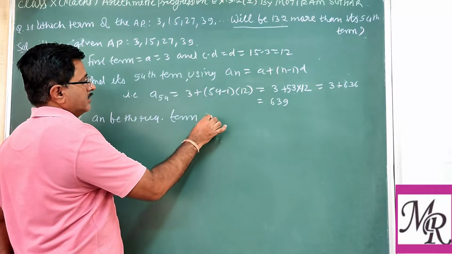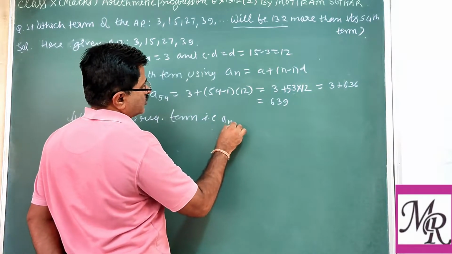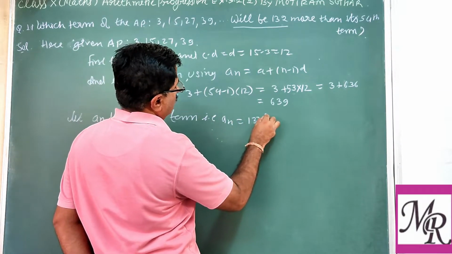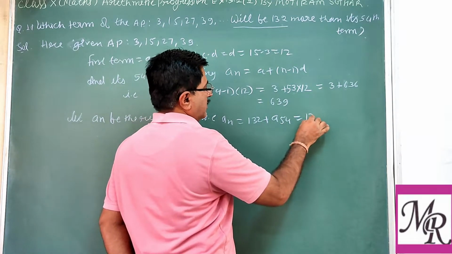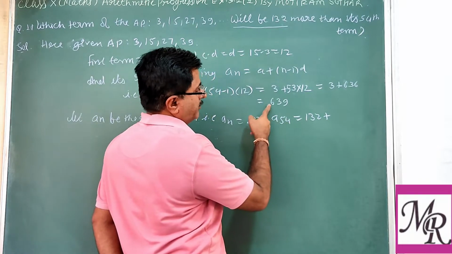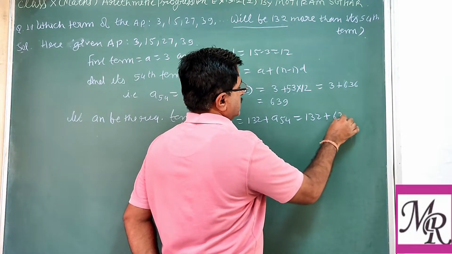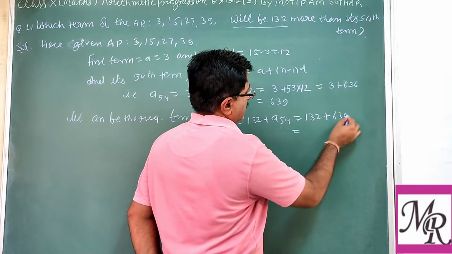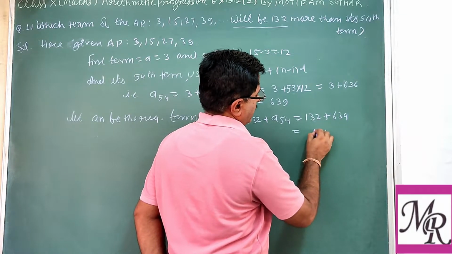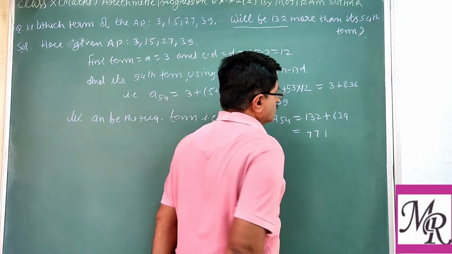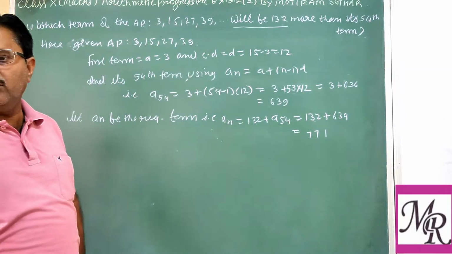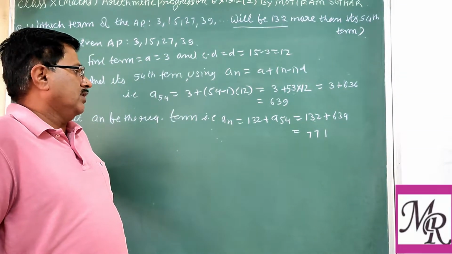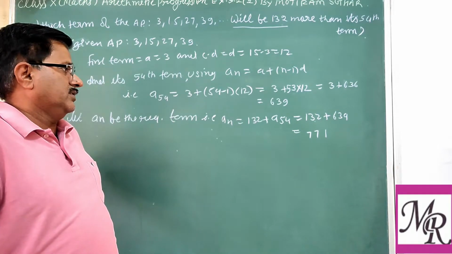That is, the value of An should be 132 more than the 54th term. That is 132 plus the value of A54, 639, which is 771. So this is the value of term An. Then you have to find n. Which term is this?